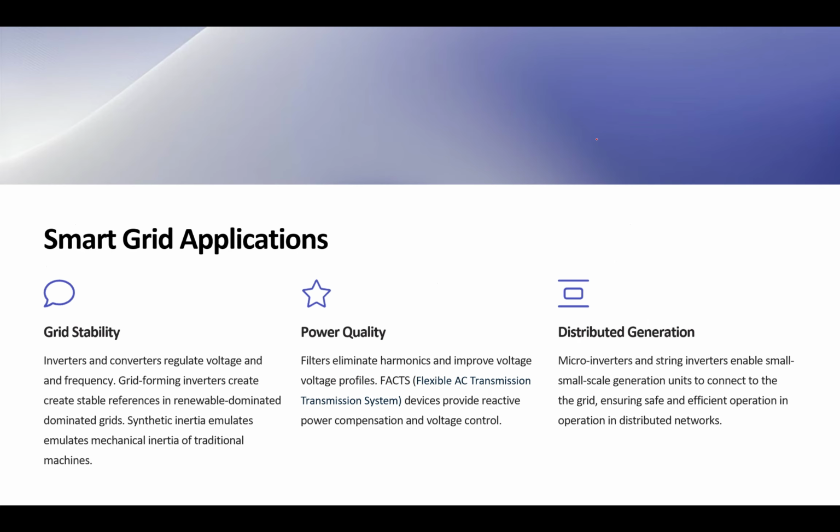What else? In smart grid applications, another application of power electronics or inverters in our power system is to control grid stability when dealing with smart grid control situations, and to control the power quality. We said power is one of the most important, right?